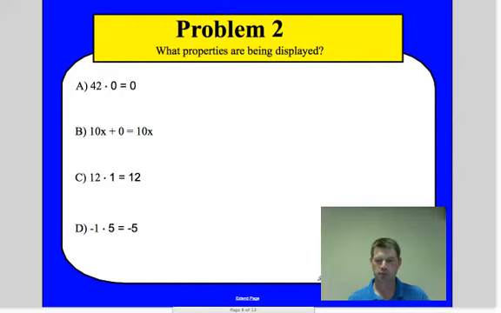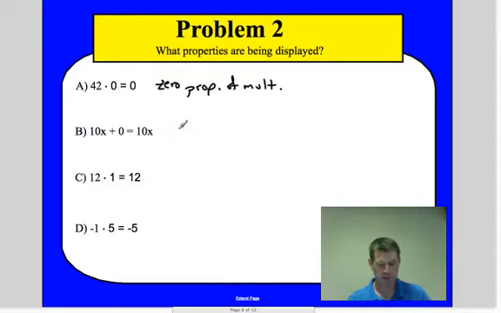Okay, we go to problem number 2 now, and what properties are being displayed. So the first one here, A, you have 42 times 0. Okay, well, yeah, that's the zero property of multiplication. Okay, it's a real easy one.